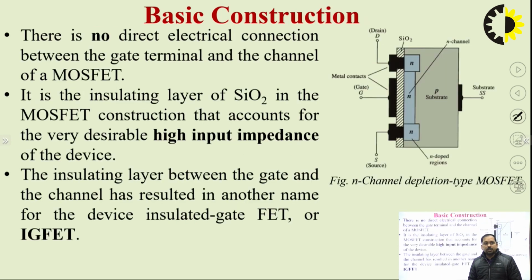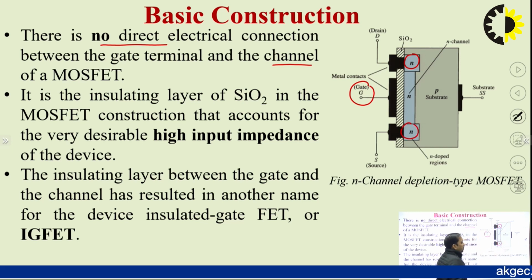Now we'll see the construction. As the name is metal oxide semiconductor, there is no direct electrical connection between the gate terminal and the channel. We have seen it is a 4-terminal device. Here we have the gate terminal. We have two N-type materials which act as the drain and source terminals.